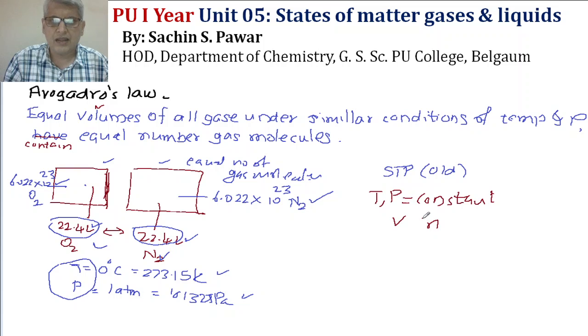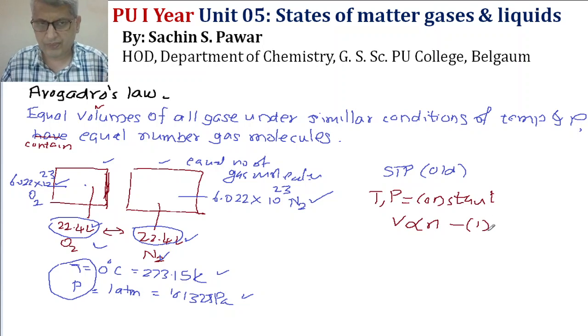That means volume of the gas is directly proportional to number of moles. This is equation 1 of Avogadro's law. So at constant temperature and pressure, volume of the gas is directly proportional to number of moles of the gas. That is statement number 2 of Avogadro's law.